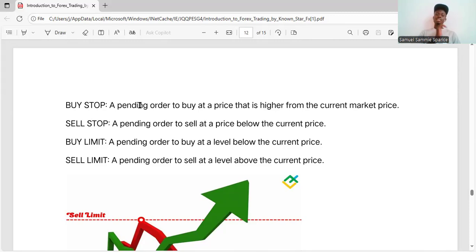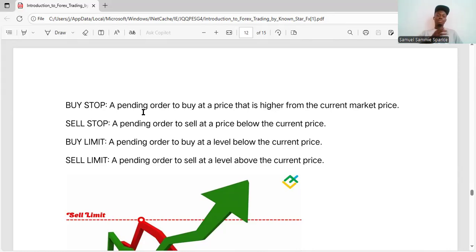It means once the market is able to break that resistance level to the top side, your trade will be triggered immediately, and you will be able to continue buying. You didn't enter at the current market price, but you entered a pending order. If the market continues in this format, I also want to be quoted in, and I also want to join in this trade. That's just the simple example of a buy stop.